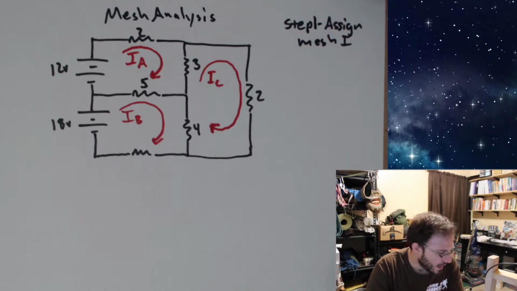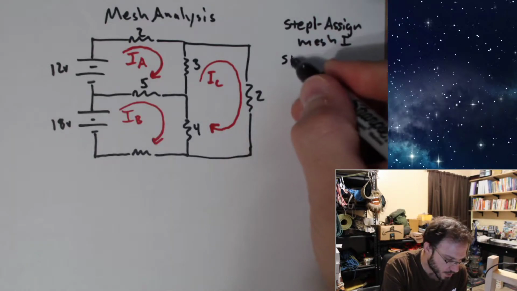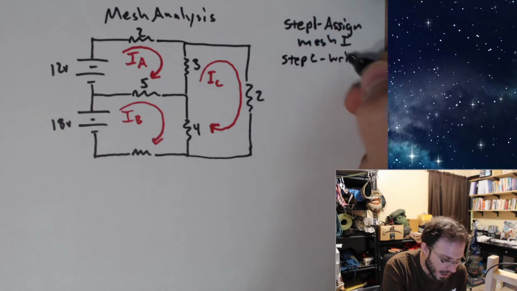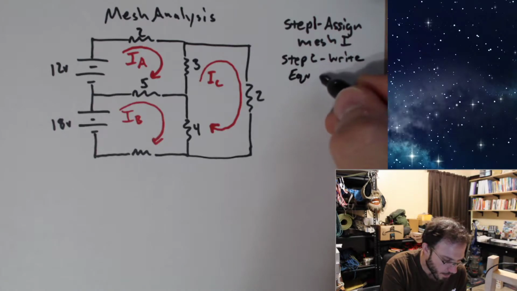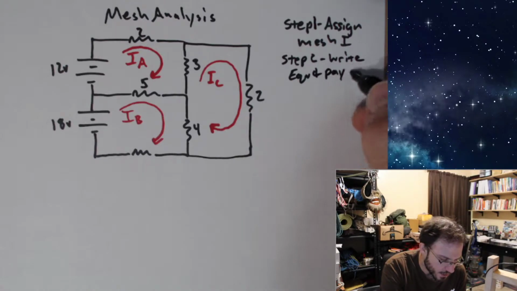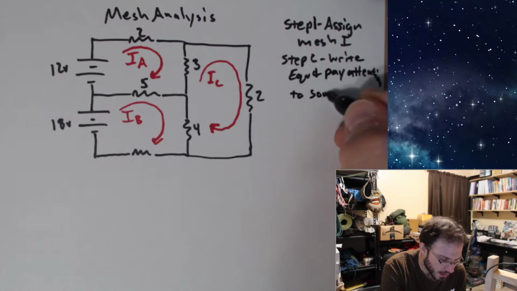Let's go ahead and let's move on to step 2. We'll write our equations. And especially pay attention to source polarities.